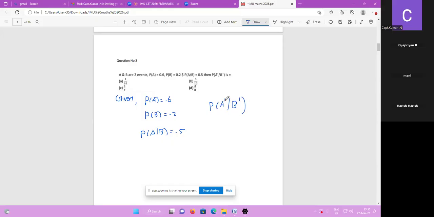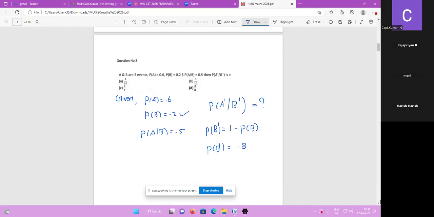A bar is nothing but not A, and B bar is nothing but not B. So we know that probability of B dash is 1 minus probability of B. What is probability of B? It is 0.2. So probability of B dash is nothing but 0.8. Clear?